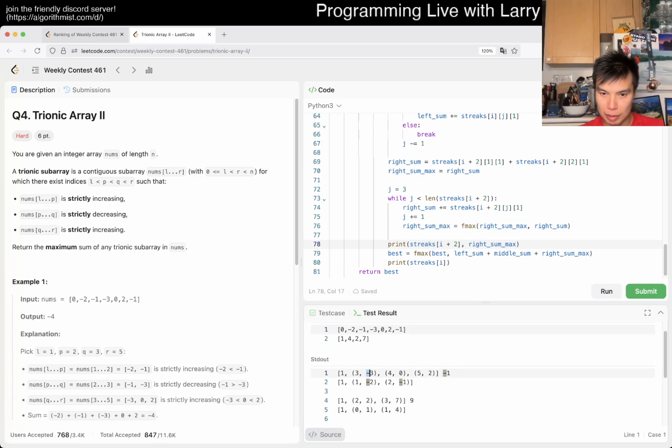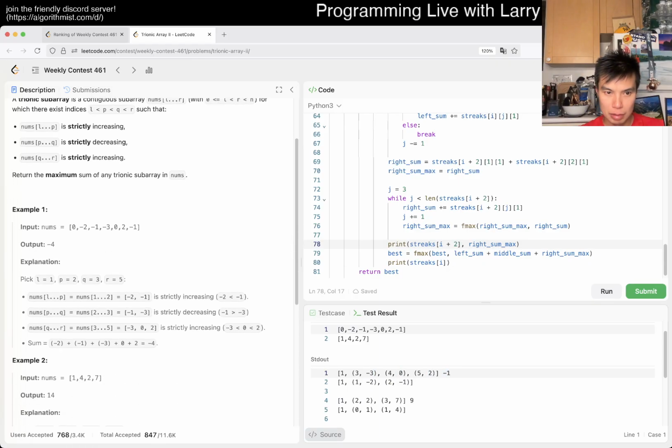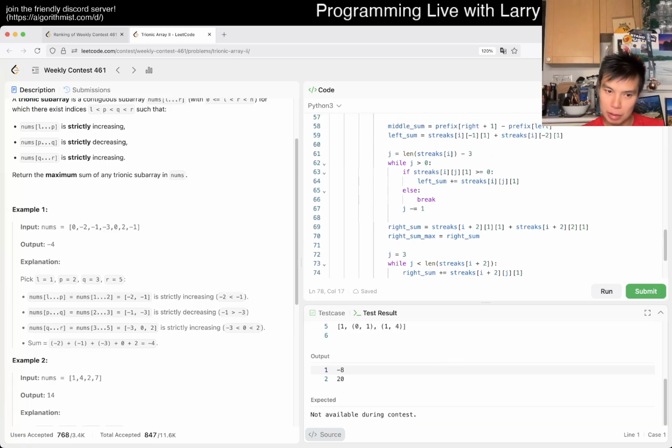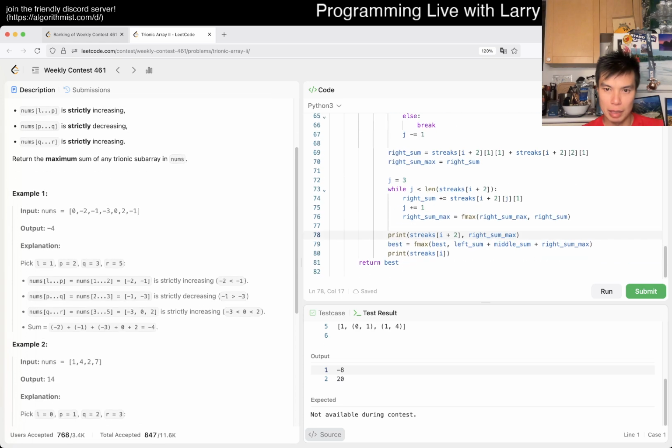You have to do -3 plus 2, so that's -1. That sounds right. Am I doing this? Oh, I double count the math. Huh. That's true. I double count the math on the periods. Okay, that's not that bad.